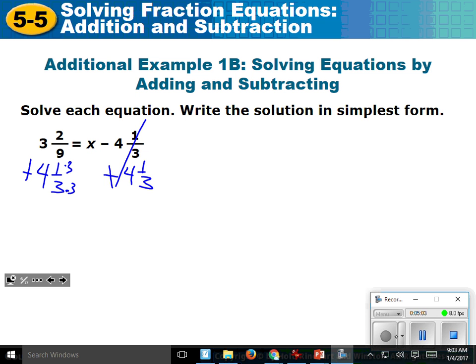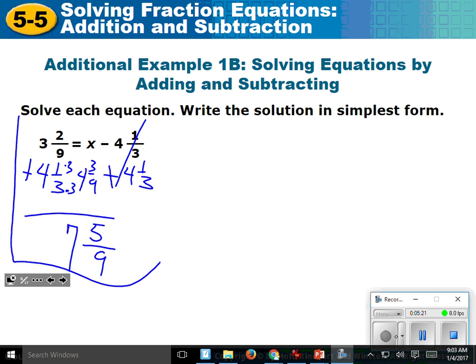You have to show me that this becomes a 4 and 3/9, and that you're adding all of them. 2 and 3 is 5/9. 3 and 4 is 7. Okay? Right here, what I have here is the minimum amount of work that I want to see. I expect to see all of it. I need to see the steps. I need to see that this is how you're doing it.